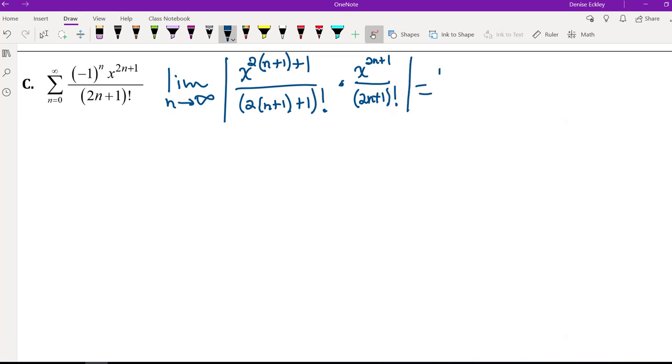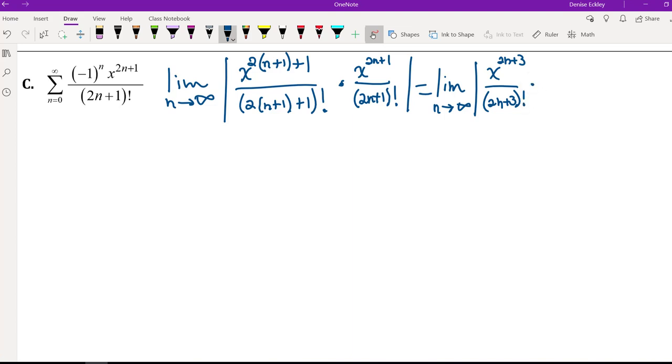Okay, just cleaning this up a little bit to make it a little easier to see what we have. We're going to have the absolute value of x to the 2n plus 3 over 2n plus 3 factorial.